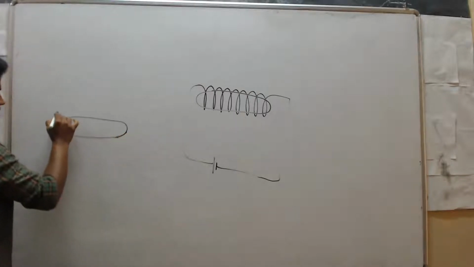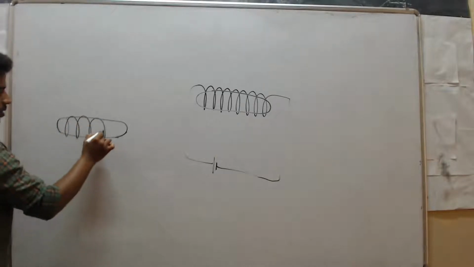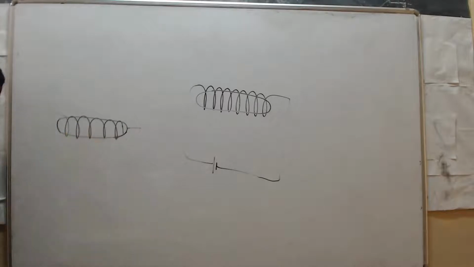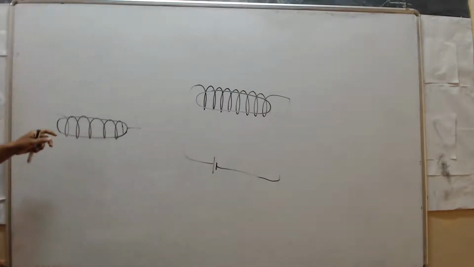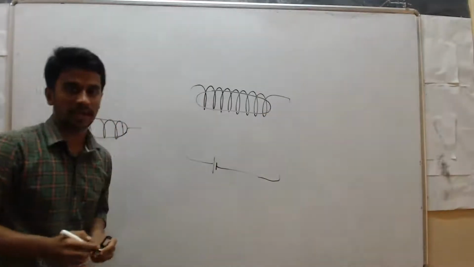Take a wire, just hold it like this. This is an iron core, a piece of magnetic material. You hold that wire like this. Then we call this an electromagnet.